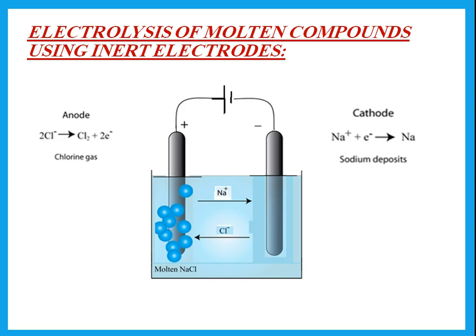If he says which substance is formed at the cathode, of course it is sodium. So when I do electrolysis of molten sodium chloride, I get chlorine at the anode and sodium at the cathode. You will always get the non-metal at the anode and the metal at the cathode.